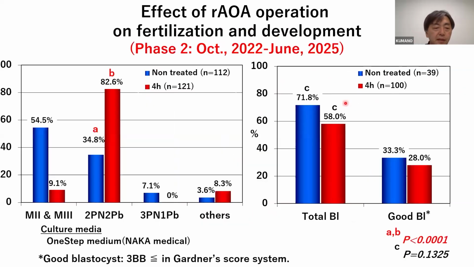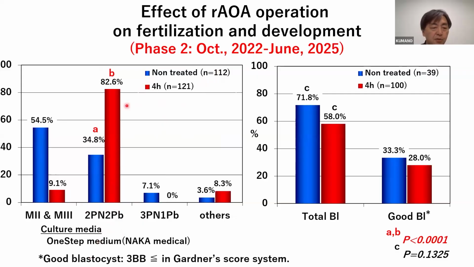So next, I compared the non-treated group with the 4-hour ionomycin treatment group. As a result, even in the non-treated group, 4 hours after sperm injection, about 35% of oocytes resulted in normal fertilization.